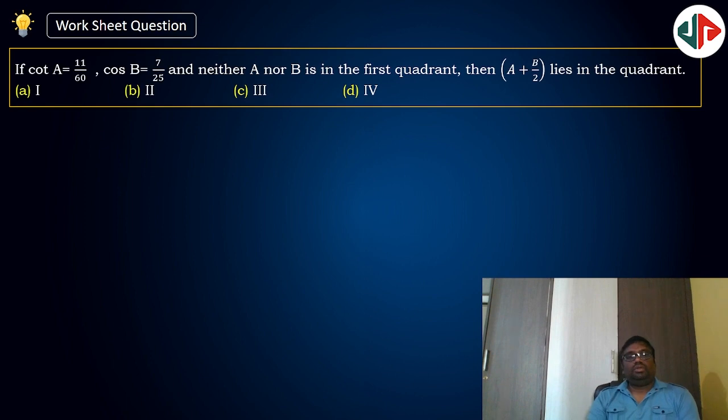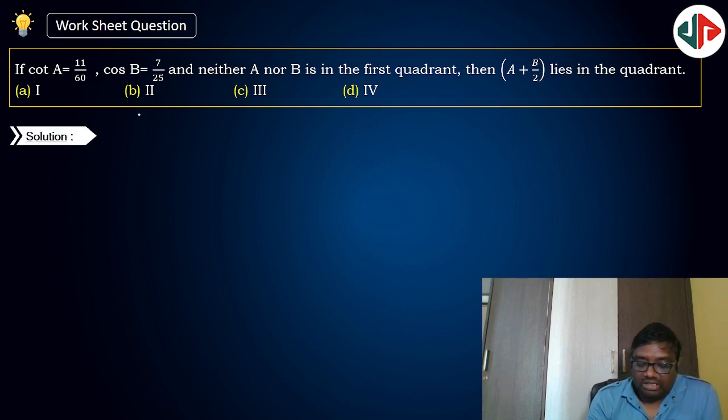If cot A is equal to 11 by 60, cos B is equal to 7 by 25, neither A nor B is in the first quadrant. And A plus B by 2 lies in which quadrant? If you see, cot A is equal to 11 by 60 is given. 11 by 60 means clearly it is not lying in the first quadrant, and cot is positive in which quadrant?